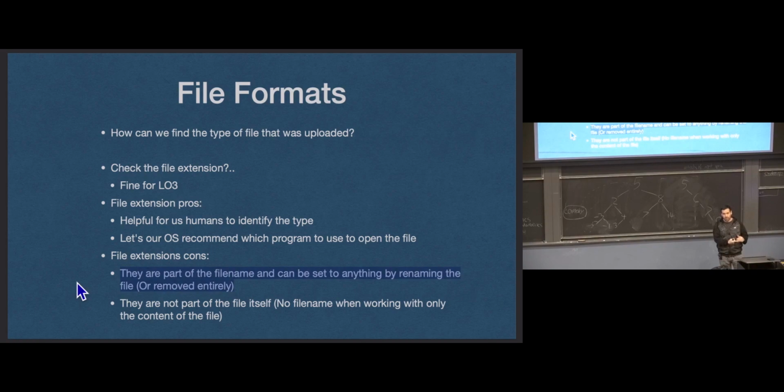So things get a little wonky there. Or the file extension might be just missing entirely. You can just delete a file extension. That's fine. You just have a generic file. It's perfectly legal. There's nothing special about file extensions. It's just made to make our lives easier. But it doesn't change the file at all.